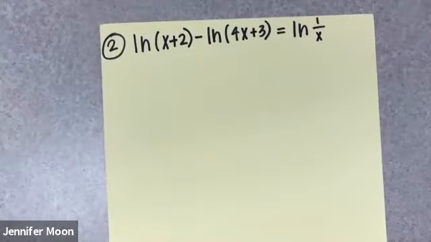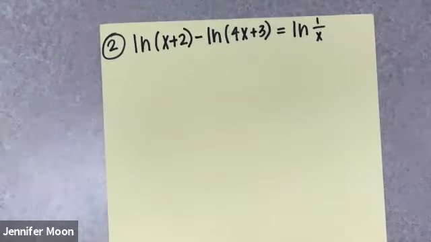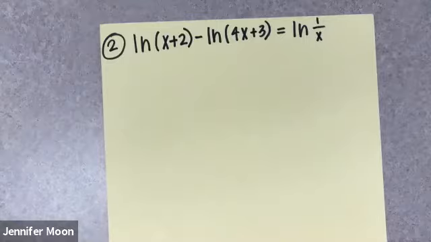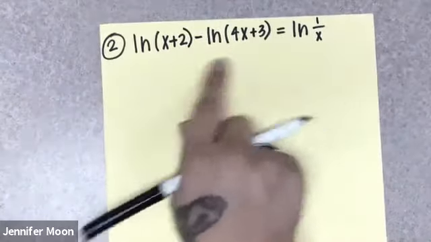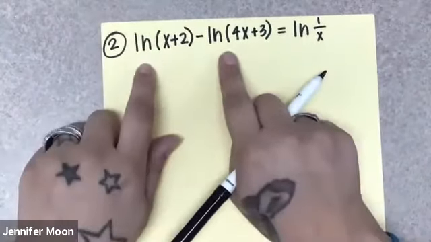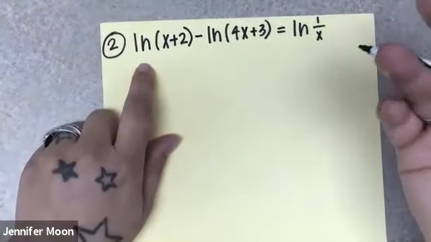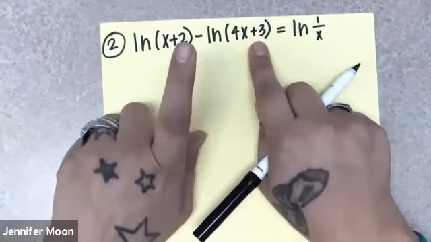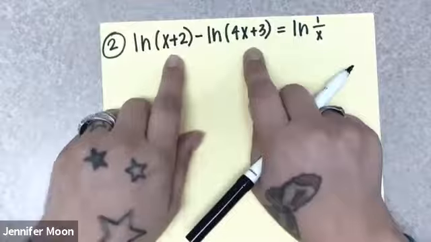The goal was to set both sides of the equation to have the same type of log, and then you just take the m and the n and set them equal, right? On the left-hand side I've got natural logs. On the right-hand side, I have a natural log, but I only need one on each side. That tells me I need to condense here. Because these are both natural logs, it works, and because this is a subtraction problem, I take this as a numerator and this as a denominator.